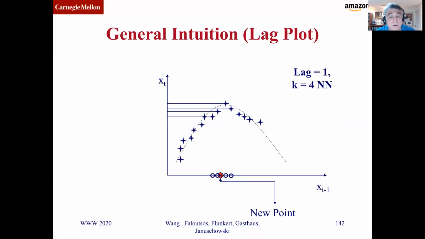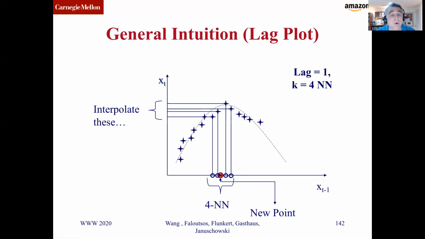Then we look for the 4 nearest neighbors on this horizontal axis. From those 4 nearest neighbors, we do the up and left motion. We go up and see what happened after in those 4 cases. We figure out all these points, and then we interpolate among the four forecasts. Something like that. So we get the green point.